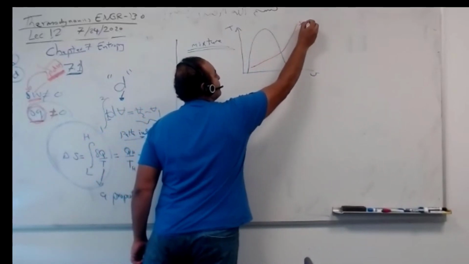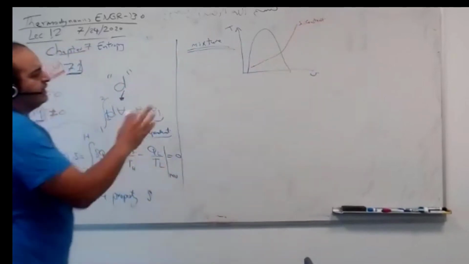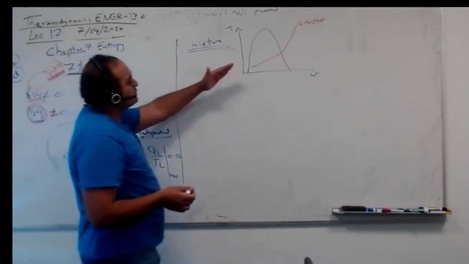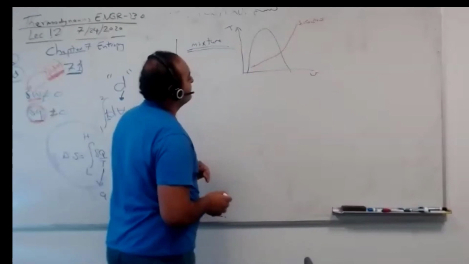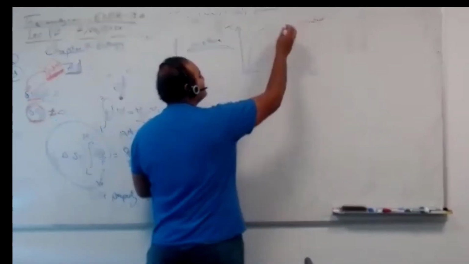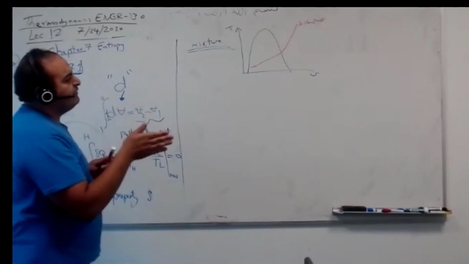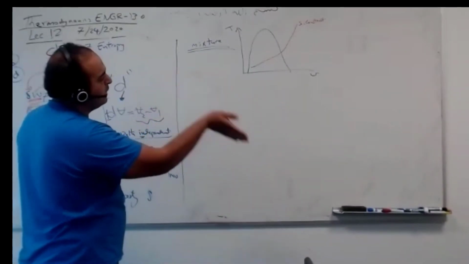S equals constant. In the exam, I'll ask you, in the TV diagram, plot S constant. This is the S. S is related to Q, which is somehow related to temperature. So S increases, or actually at constant S, T kind of increases. This is the constant S line, different from PV. In the PV, S looks like the volume decreasing, of course. That's why it goes down.